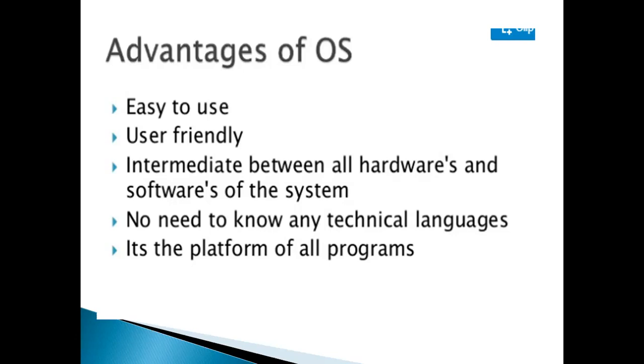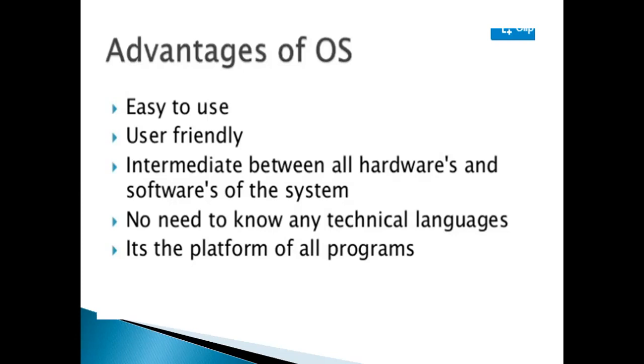Last time also I had given an example that when we connect a keyboard or mouse or our mobile to the system, there are device drivers present in the computer system, because of which these hardwares are identified and we can use them conveniently. So if there is no system software, no operating system, we cannot use hardware or applications on that. Okay, so it is an intermediate between all hardware and software of the system.